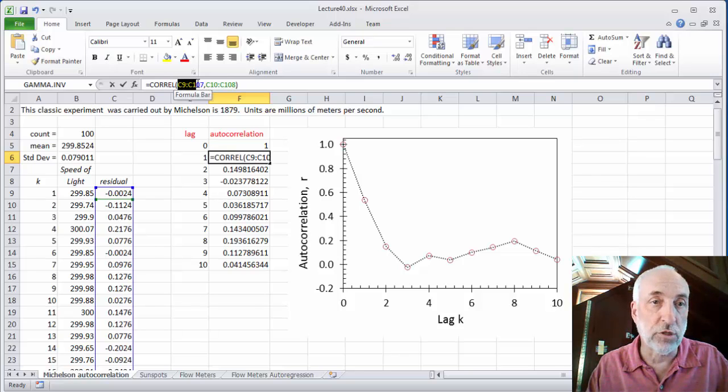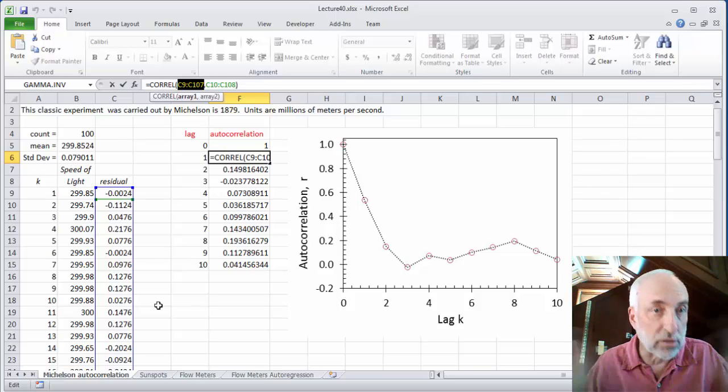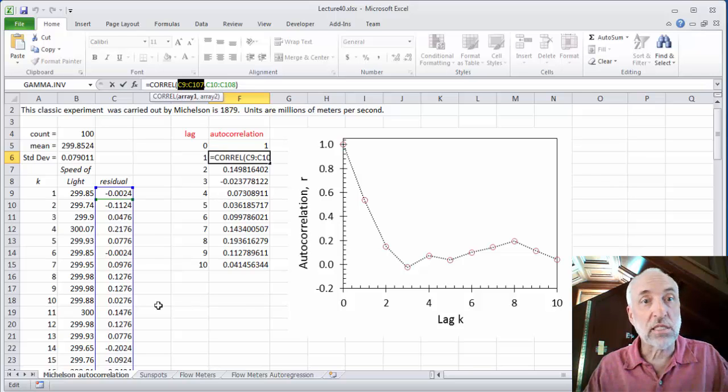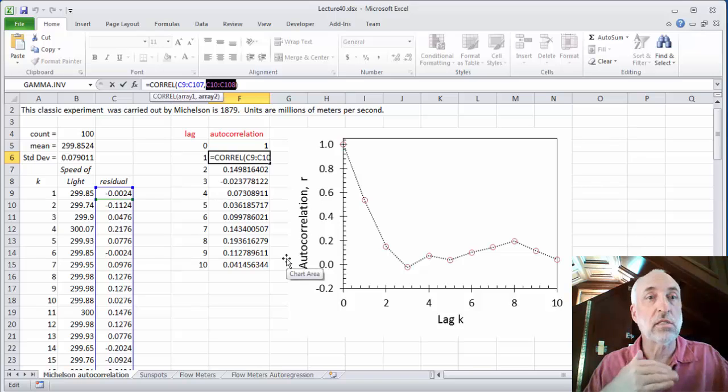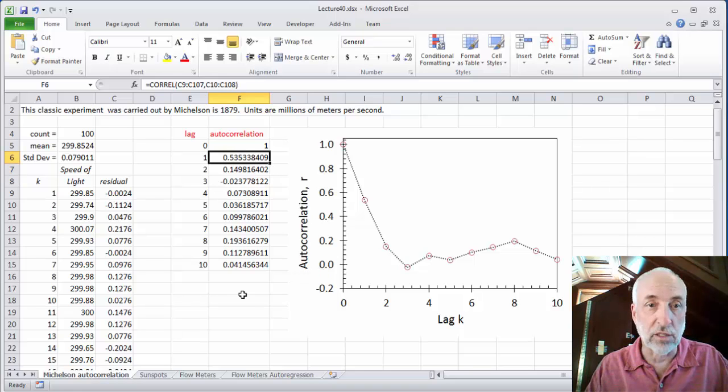So the first set of values, array 1, will be the first 99 values, and then the second set of values, C10 to 108, is the second to the 100th data point. So I'm correlating a set of data with a set of data lag 1. And when I execute that, I get this 0.535 correlation.